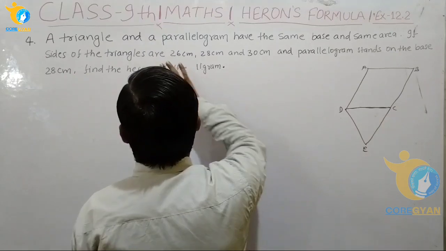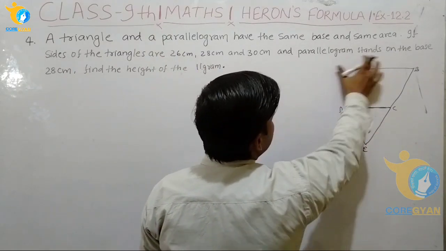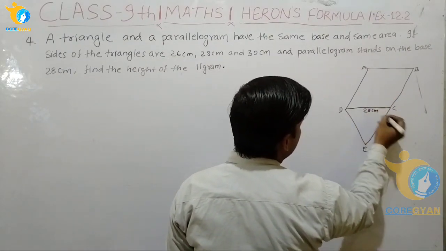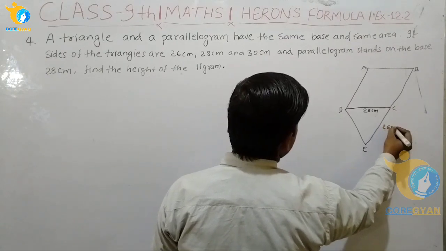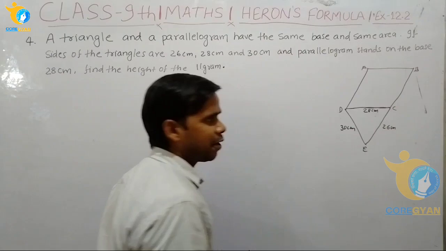The triangle sides given are 26 centimeter, the base is 28 centimeter, and the third is 30 centimeter. Find the height of the parallelogram.